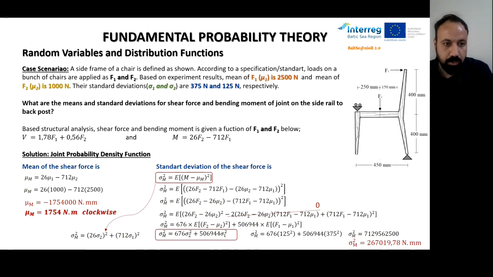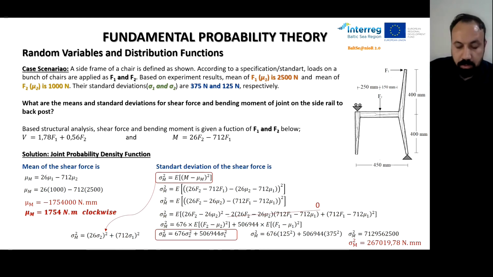And that way, using joint probability density function and random variables, I can calculate means and standard deviation in any part of the furniture with these equations. The other way, I have to do that for every single sample.